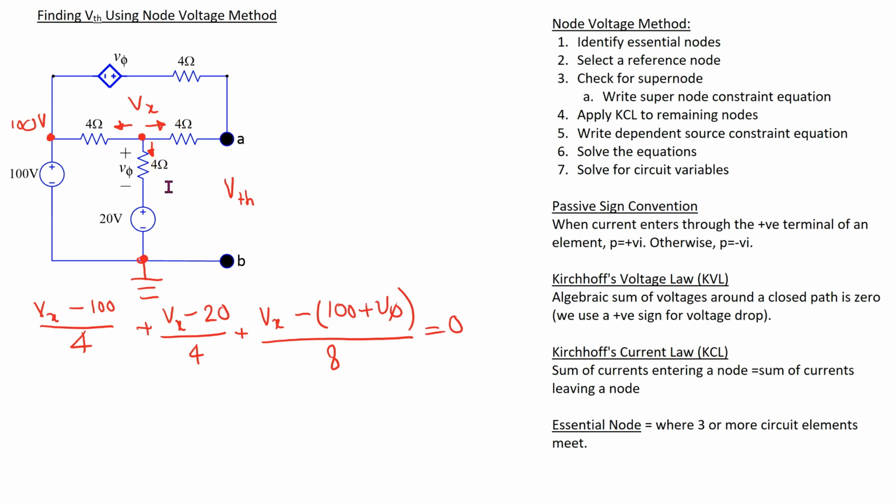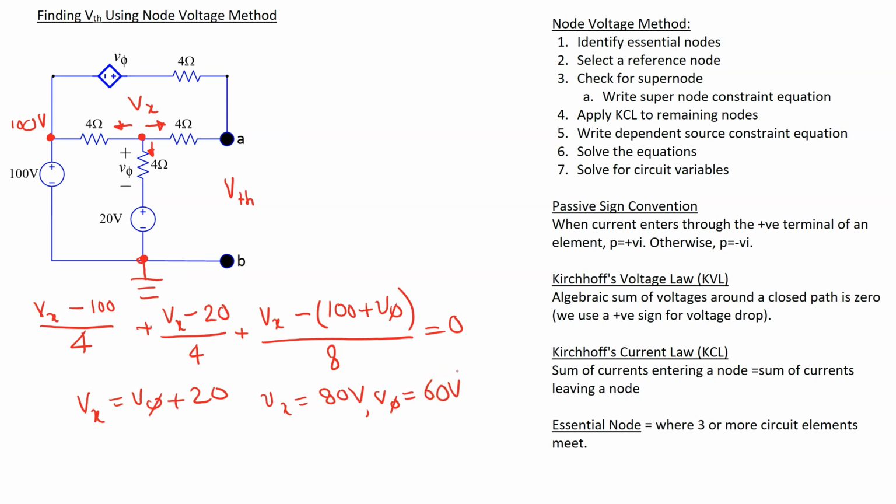So this means the dependent source constraint equation is Vx = Vφ + 20. So here we have two equations and two unknowns, and we can solve to show that Vx comes out 80 volts and Vφ comes out 60 volts.